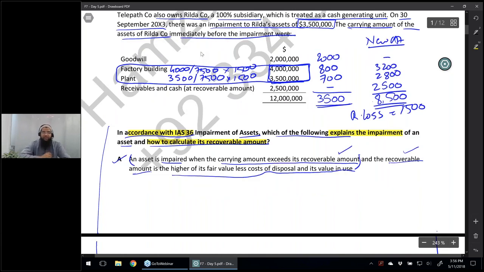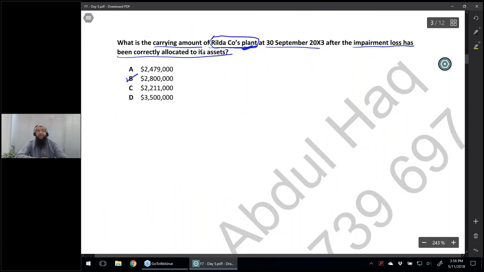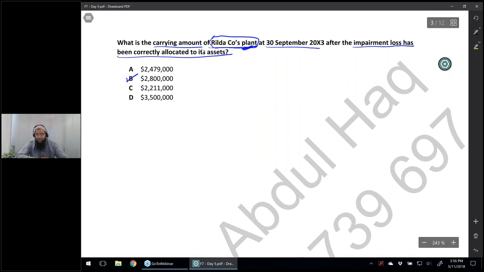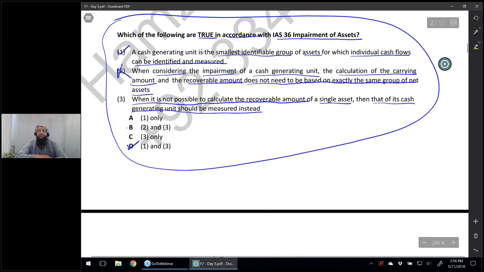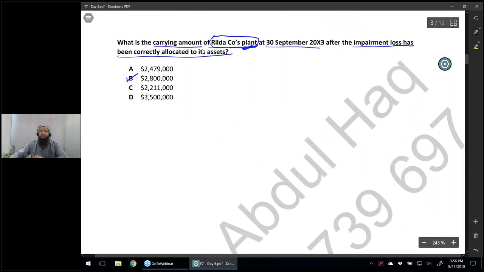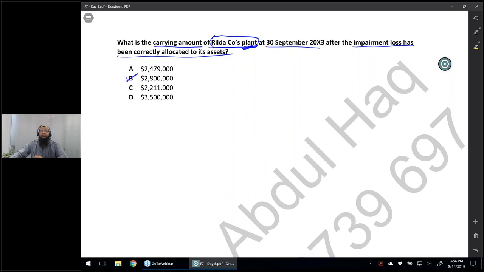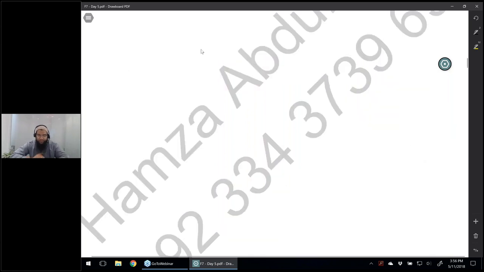The plant value that we have just calculated is 2,800, so your answer to this question is B. Okay, now let's move on to the next question.